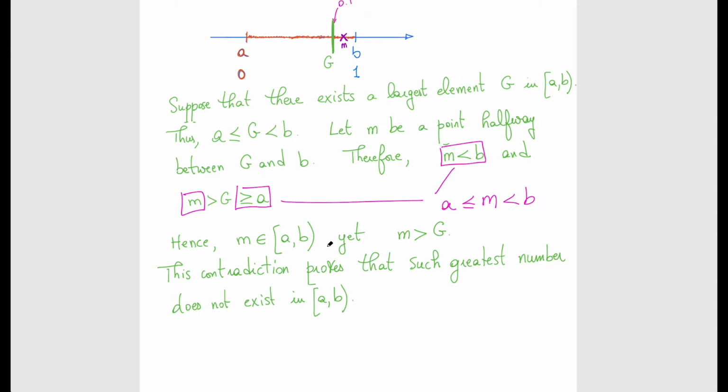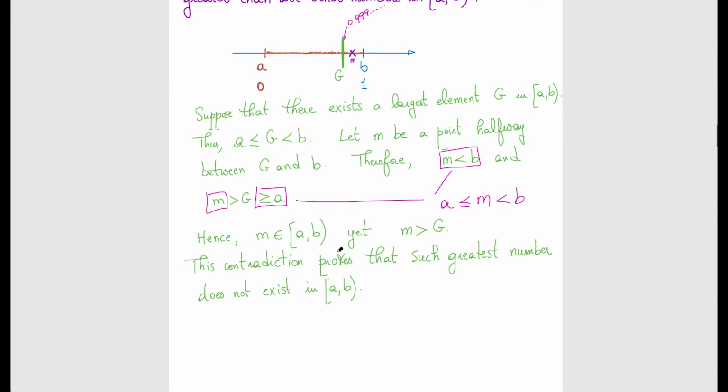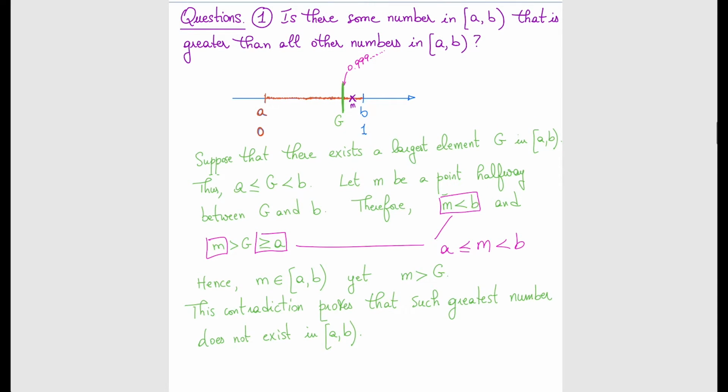So one more time, let's look at the big picture. What's the question? The question is, does there exist a largest element in this semi-open interval, right? It's closed on one side, open on the left side. So is there a largest element? When we took the example A to be 0 and B to be 1, we came to the conclusion that this is a potential element. So it seems that there exists a largest element.